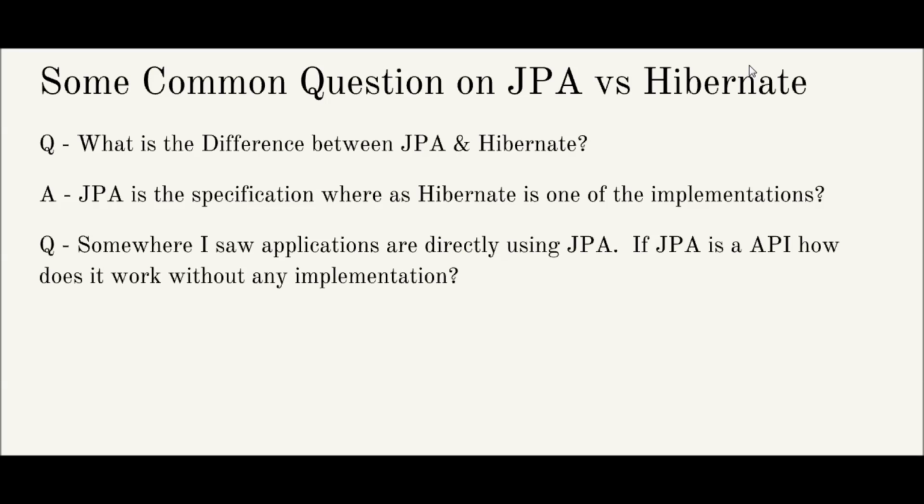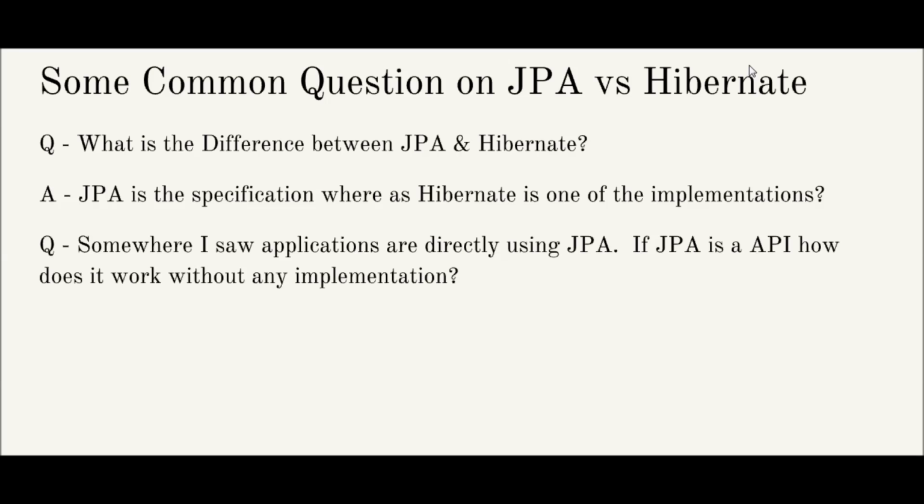Then one question which is asked by many people is, somewhere I saw applications directly using JPA. And if JPA is an API, how does it work without any implementation? In some applications, you might come across code that is directly talking to JPA and you're not using Hibernate or any other tool.